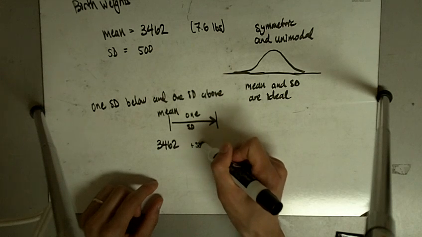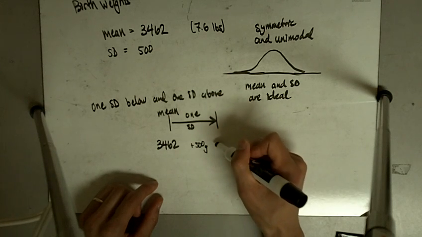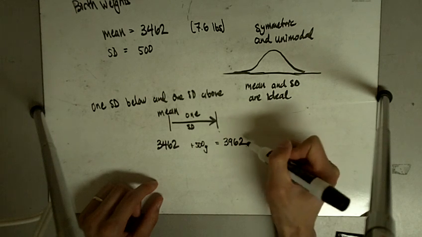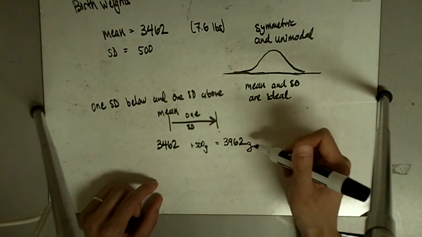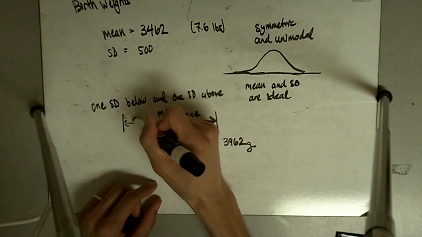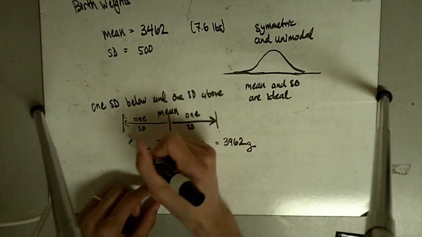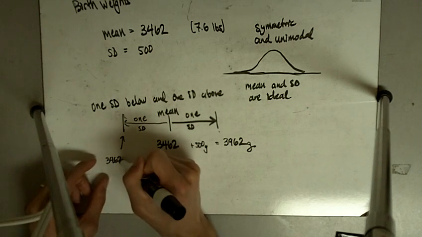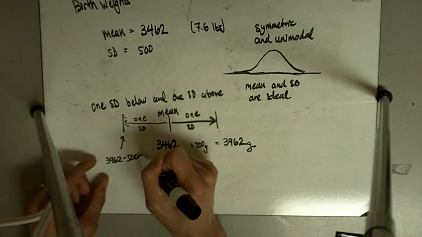So I'm going to add 500 grams. And so that's going to give me 3,962 grams on that side. And then if I go one standard deviation down, this number over here is going to be 3,462 minus 500 grams.